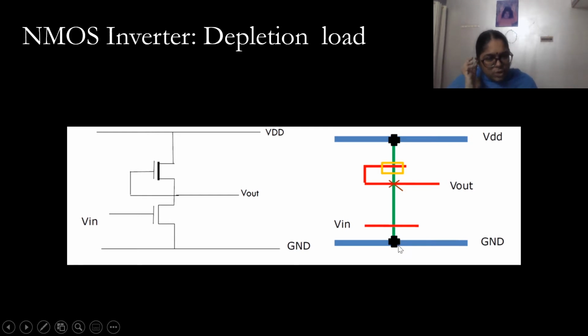So we have to draw a black circle, a black dot indicating contact, or a cross sign. And next here you know that we have to make use of two transistors. Both are NMOS transistors, so the polysilicon will cut the N diffusion at two places.